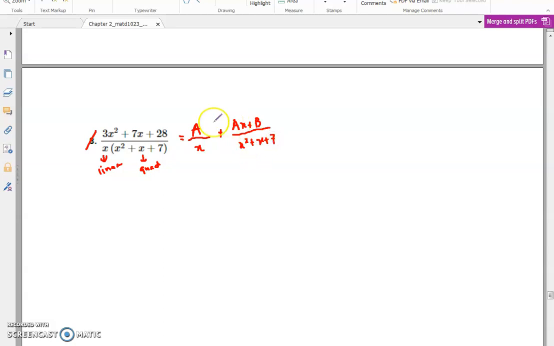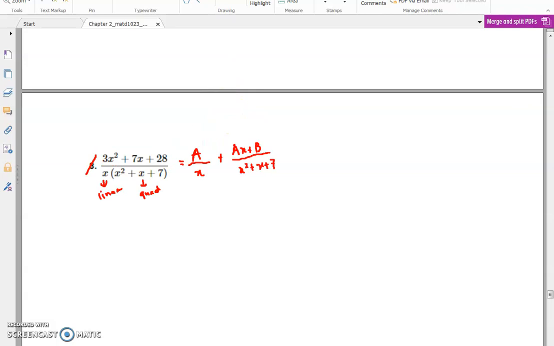But wait, after this our process is to find the value of each constant that we have here, and we cannot get the same value for both a's. So in order to eliminate that problem, we are going to change this constant into b.